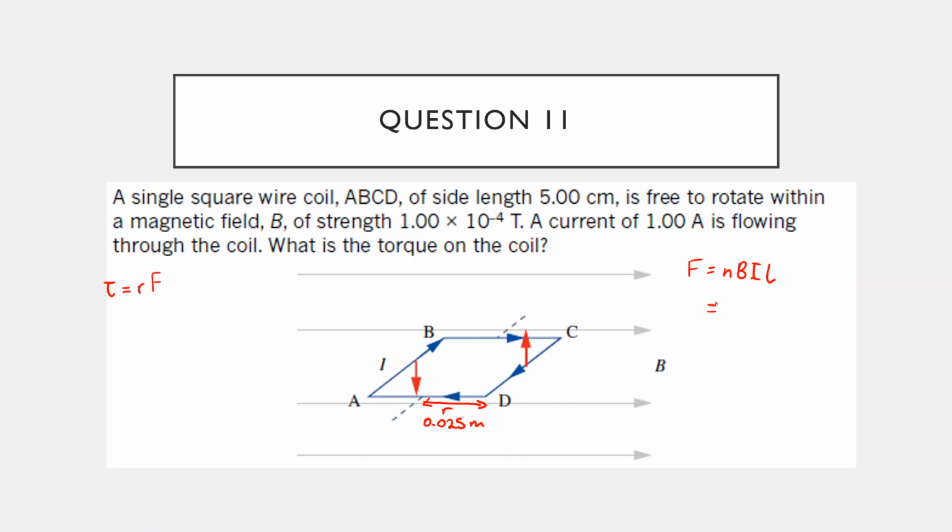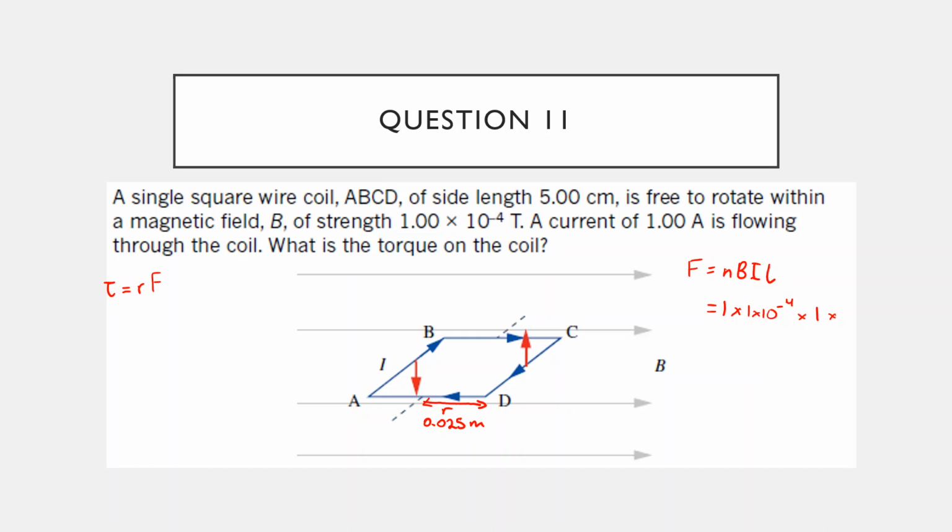If this is just a single loop, it doesn't have multiple coils going around, it's just a single loop of wire, that means N is 1. B is the magnetic field strength, so 1 times 10 to the negative 4. I is the current, which is 1 amp. And L is the length of the wire that is inside that magnetic field. So we're talking about these sides AB and CD.